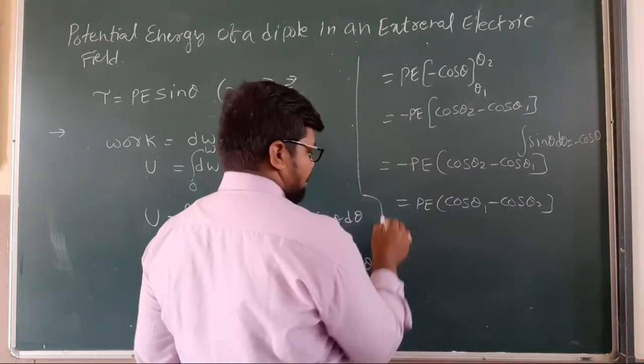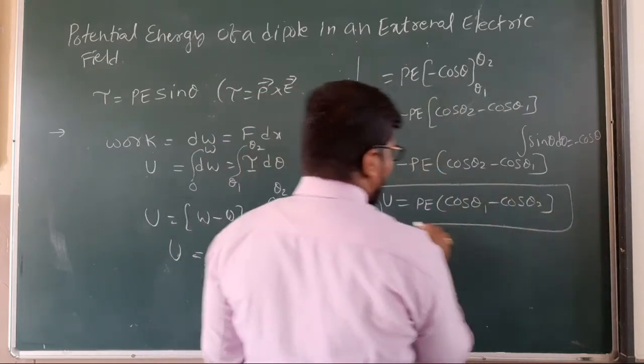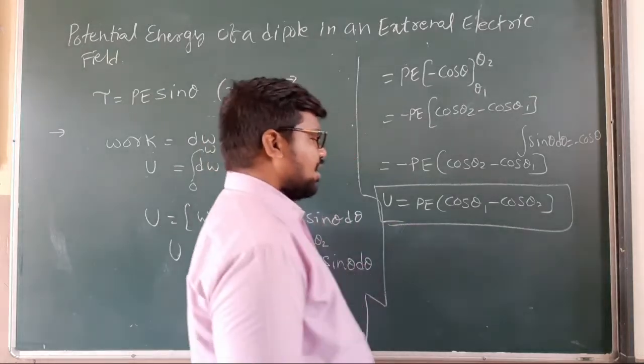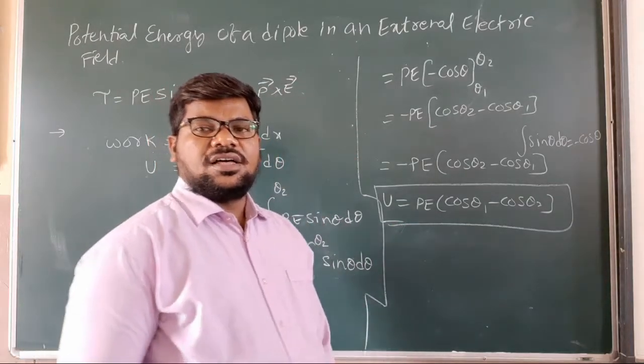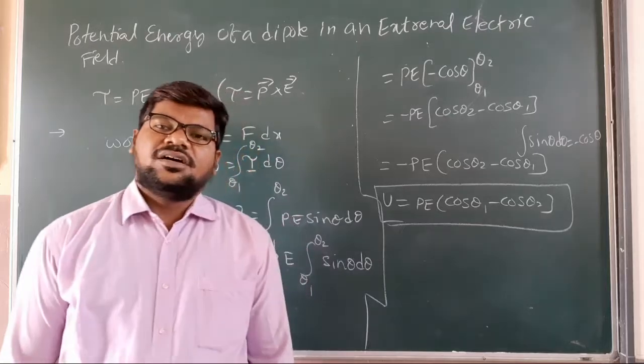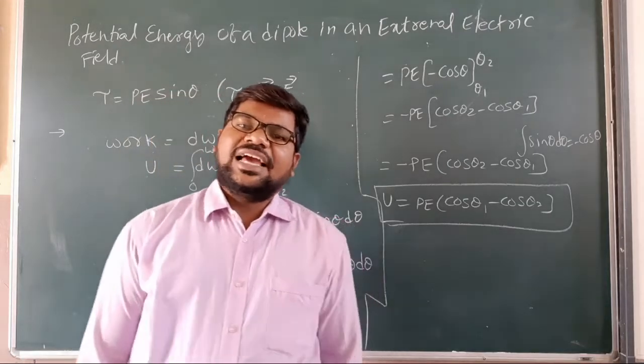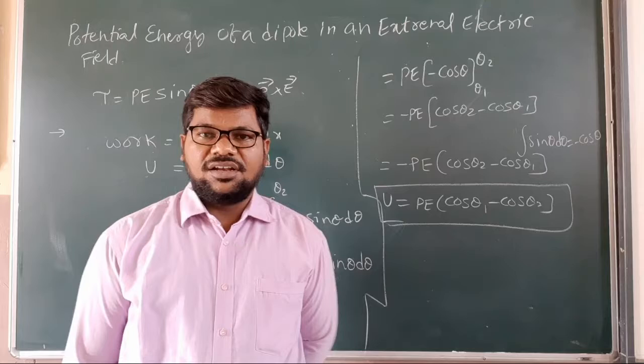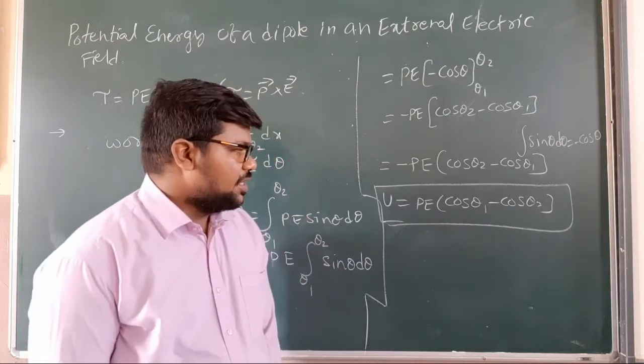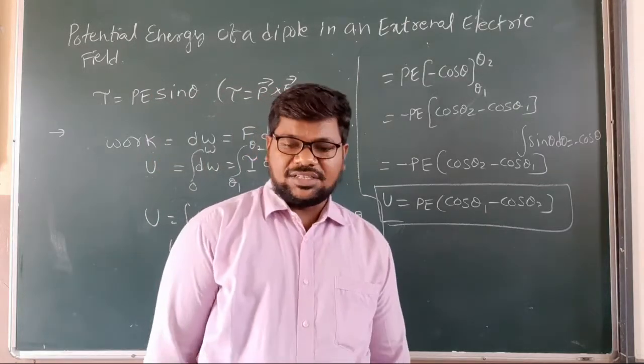This is the final expression. So this is the potential energy of a dipole in an external electric field: U is equal to P E times cos theta 1 minus cos theta 2.